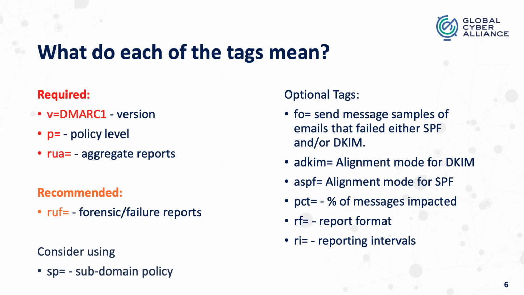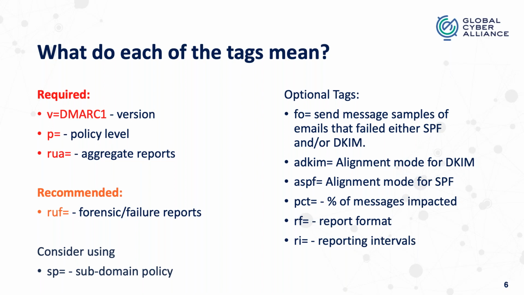All right. So the first tag that's required: v=DMARC1. That's the version of DMARC that's going to be used. That has to be the first tag present in your policy. That v tag cannot be somewhere in the middle. It cannot be at the end. It has to be at the very beginning. v=DMARC1, and DMARC in capital letters.